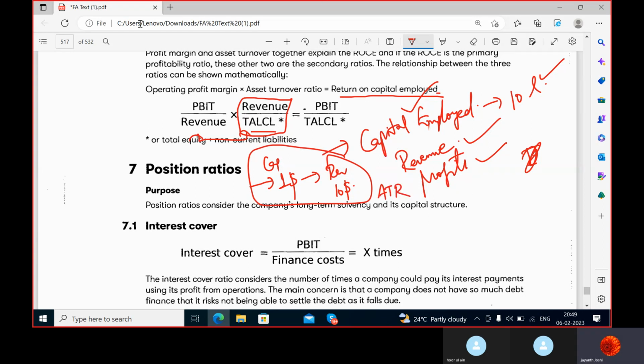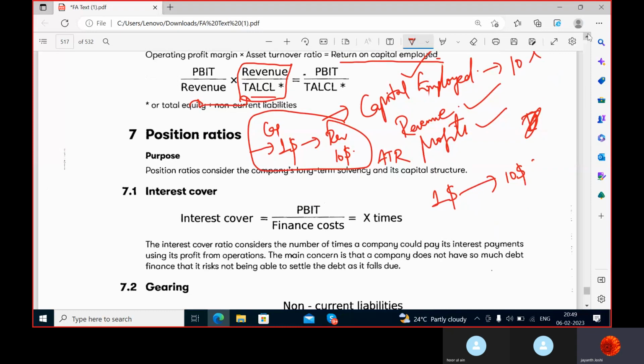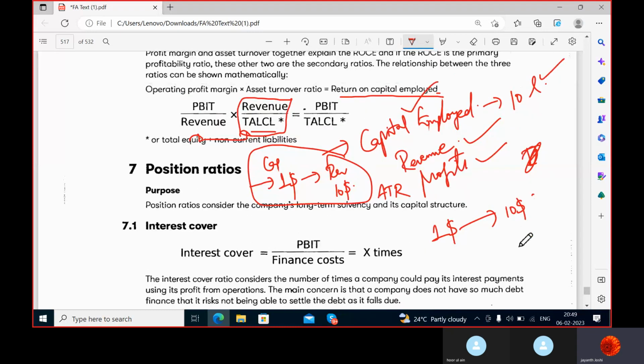Point number 2. Now I'll come to the example. See, I invested $1 and I got $10 of revenue. Now my profit happens to be, let's say, just a second, I'll put some imaginary figures here.